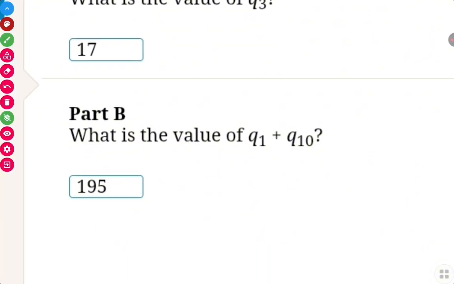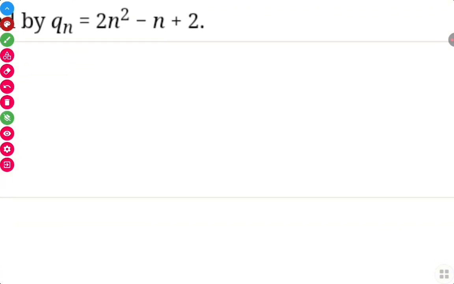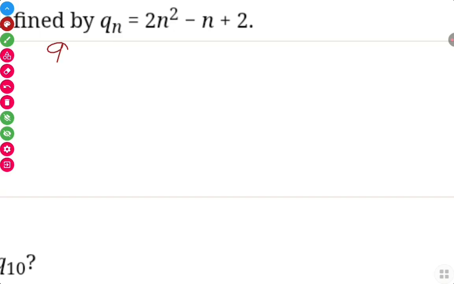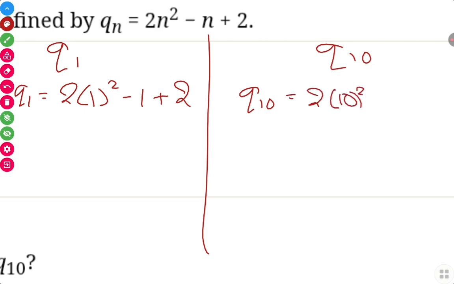Okay? And then they want the value of Q1 plus Q10. So Q1 is 2 times 1 squared minus 1 plus 2. And then Q10 is 2 times 10 squared minus 10 plus 2.